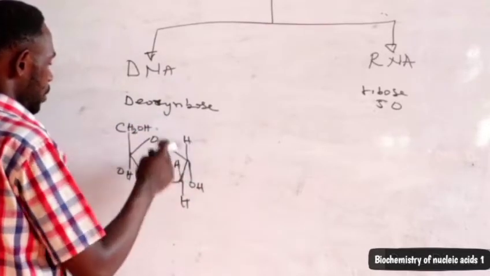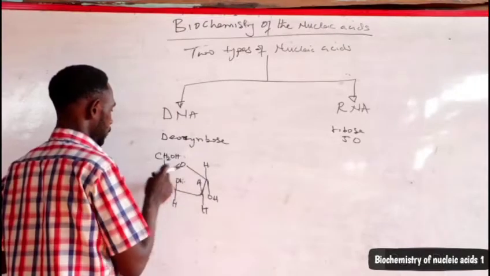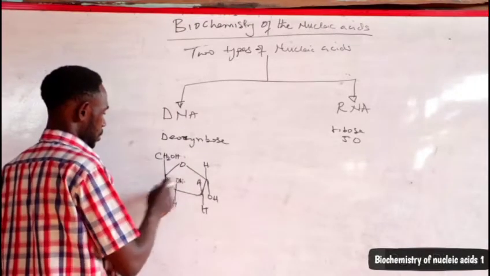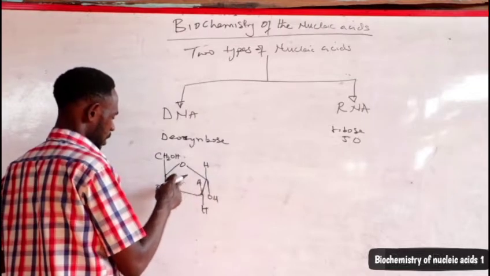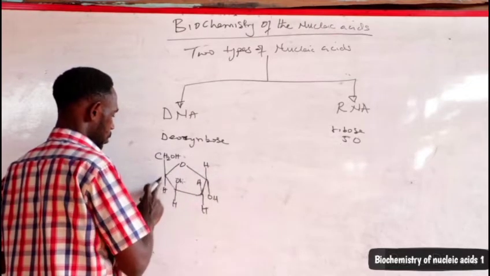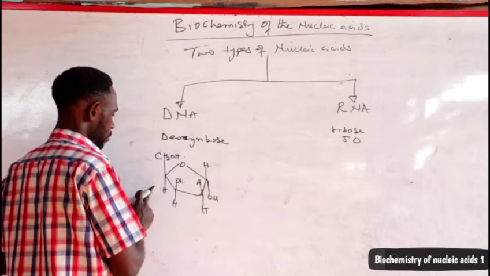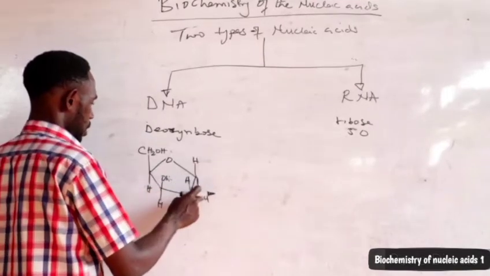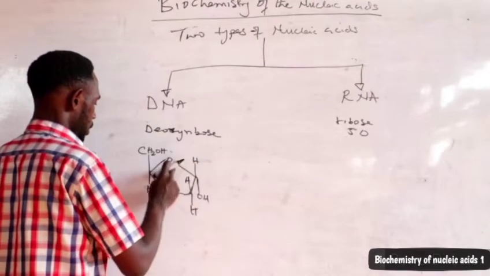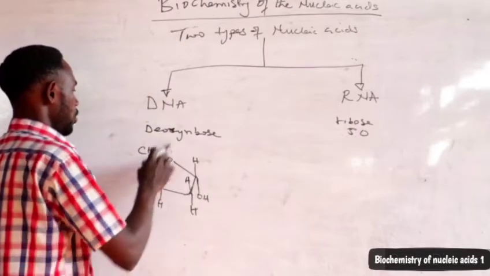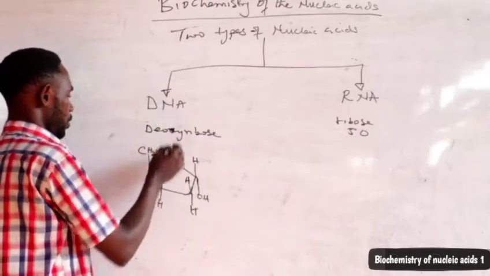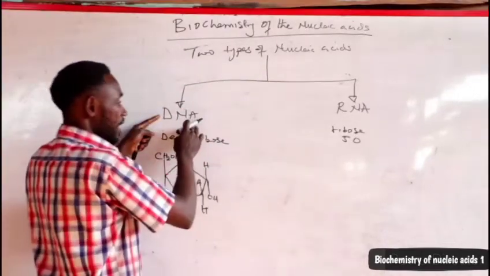So if we count these, that should be 1, 2, 3, 4, and 1, 2, 3. These are only hydrogen. Yes, so this is only hydrogen. There is no OH here. So this is the structure of deoxyribose sugar, which is the sugar in DNA.